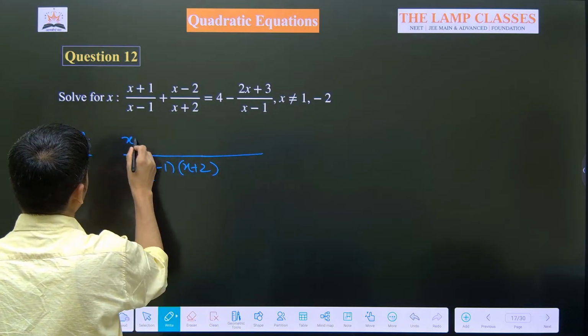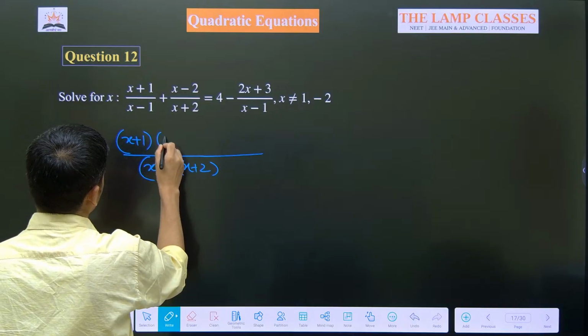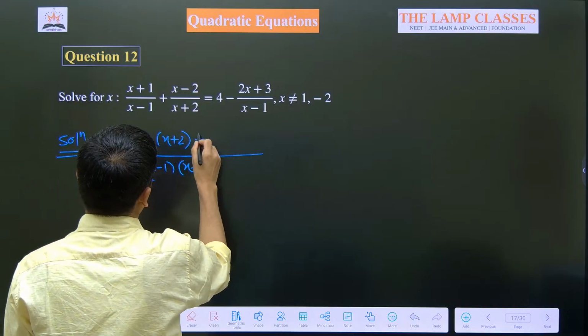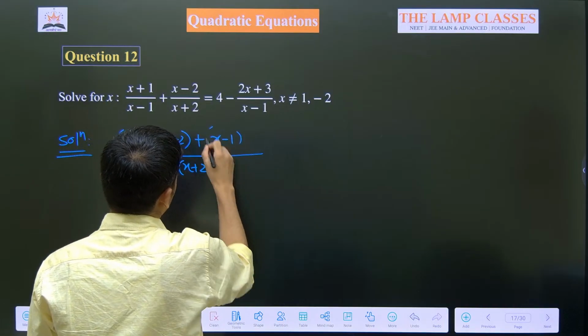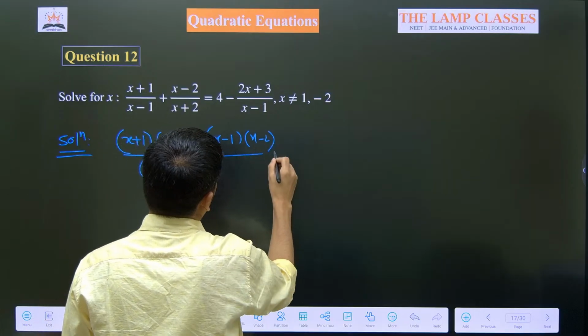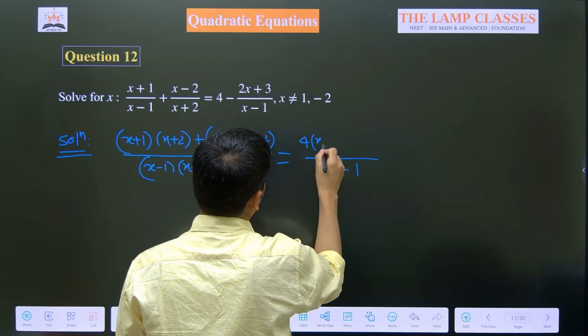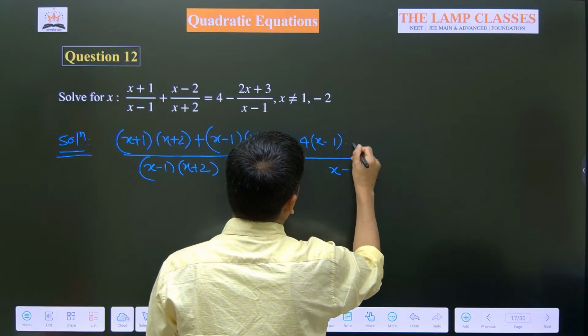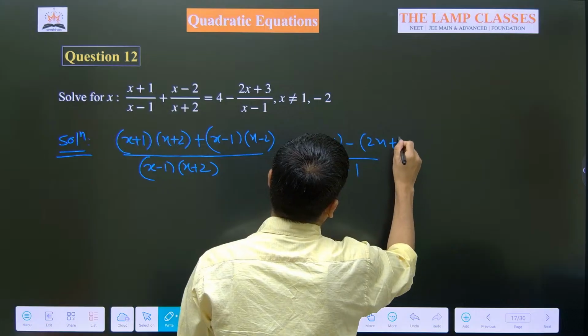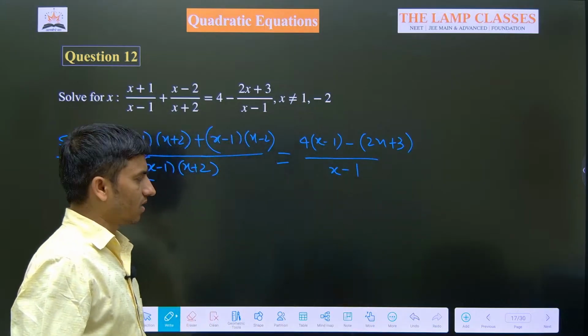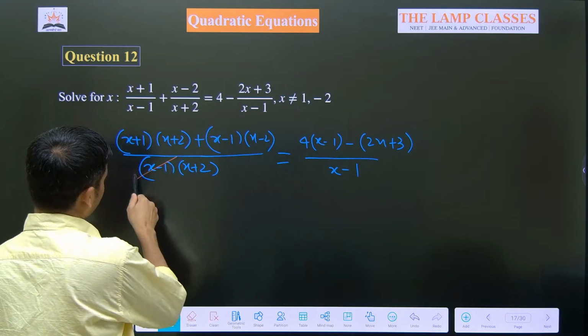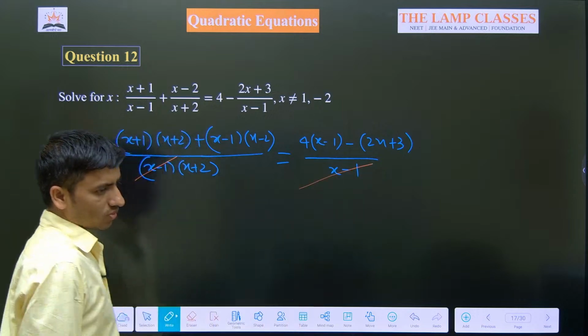It is (x plus 1) times (x plus 2) plus (x minus 1) into (x minus 2). Right side also the same thing, x minus 1, 4 times (x minus 1) minus (2x plus 3). Use the bracket properly.